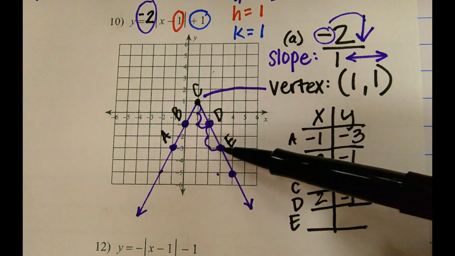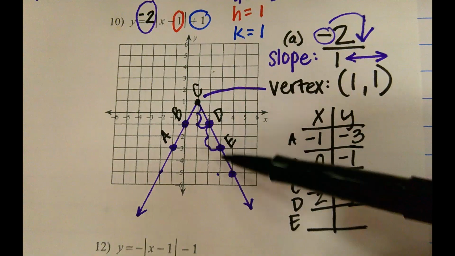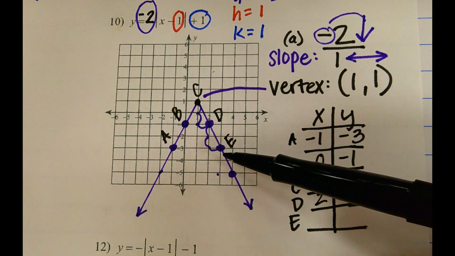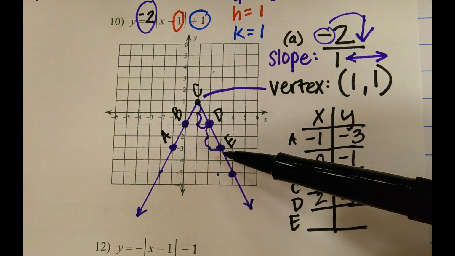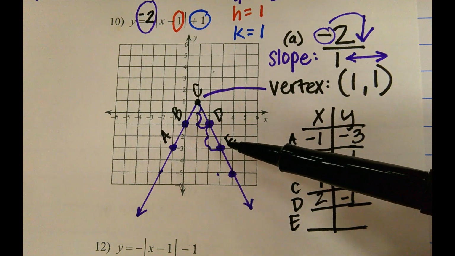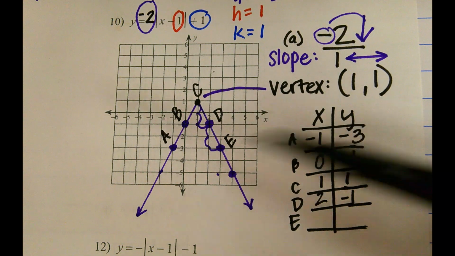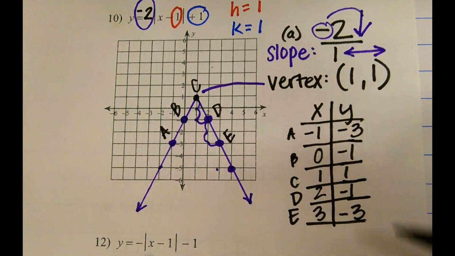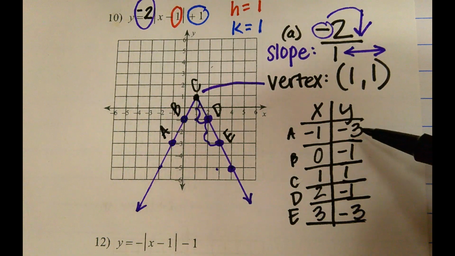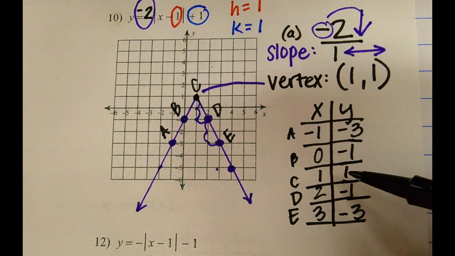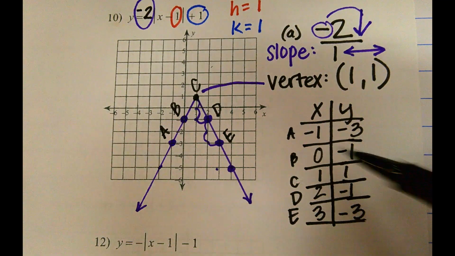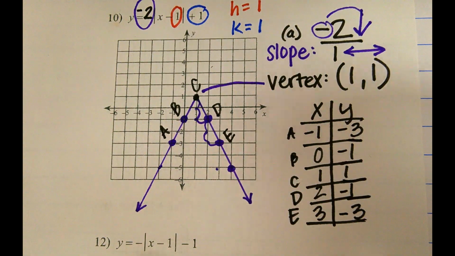Last one, point E. 3, minus 3. Good. And again, we've made a nice pattern. Minus 3, minus 1, 1. It's like the V shape. It mirrors itself.